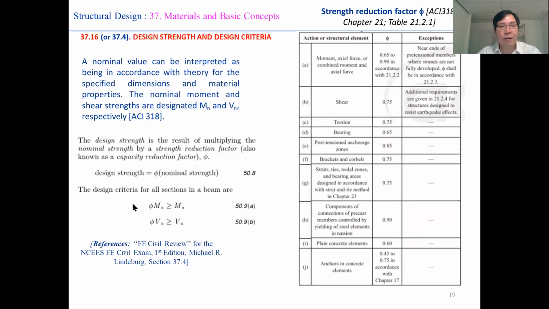So the design criteria for all sections in a beam are phi times M_n is greater than or equal to M_u, and phi V_n is greater than or equal to V_u. And in the table, I would like to show you some strength reduction factors phi for some common cases. So you can see in detail in the table.